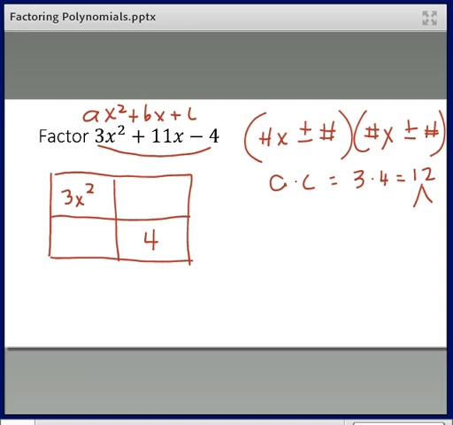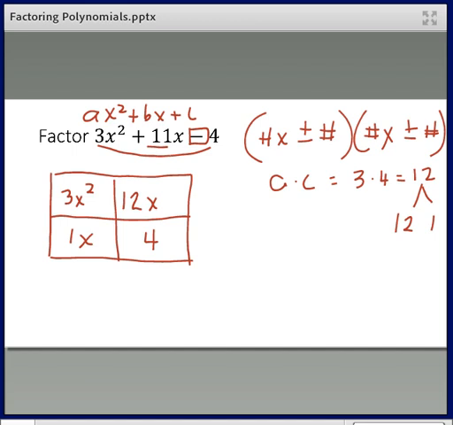And now I factor that number. What are some factors of 12? And I go back to the problem that says to subtract to be 11. Well, the only factors of 12 that will subtract to be 11 are 12 and 1. So then I go back to my box and I put those factors in and add the variable.